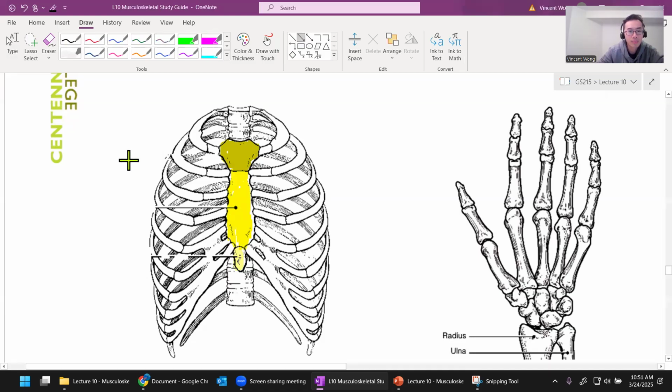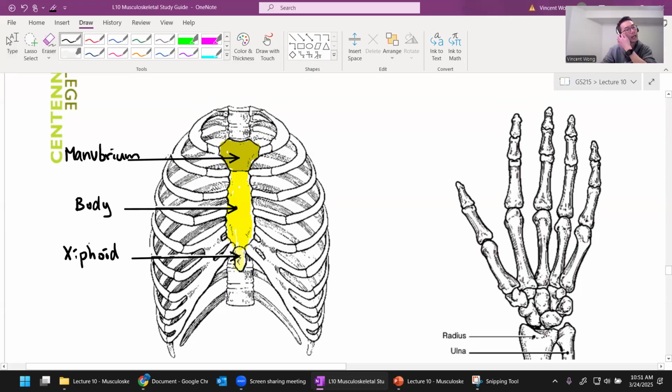So at the top, middle, bottom, this is called the manubrium. Next part is probably the easiest bone name you'll ever learn. It's called the body. And then the xiphoid, for the diaphragm to attach onto. Together, it makes up the sternum.